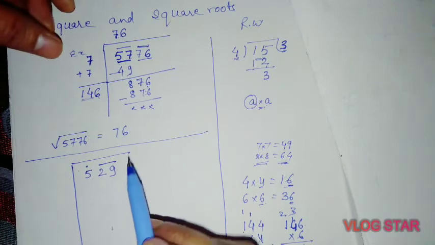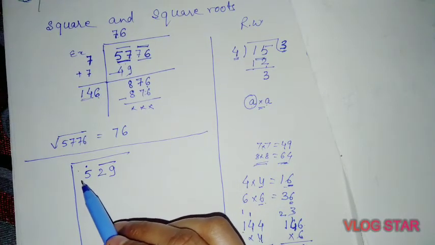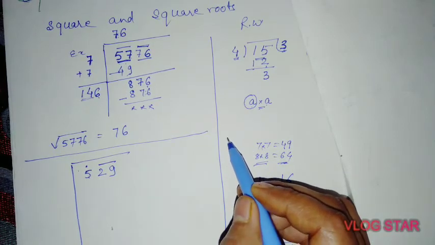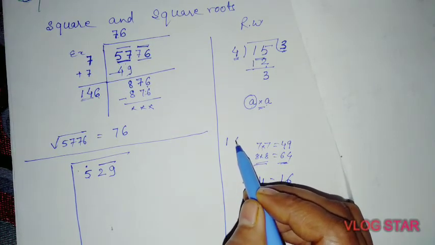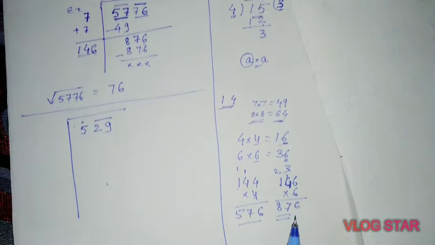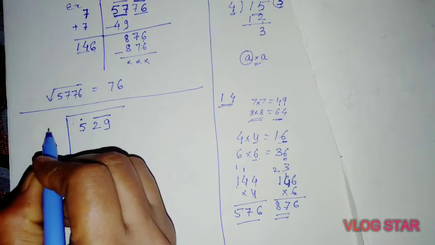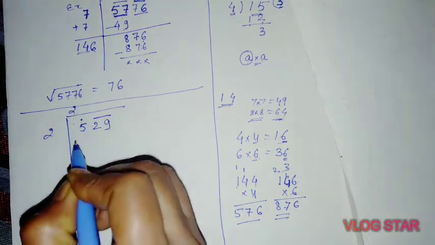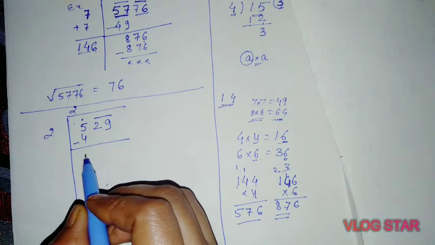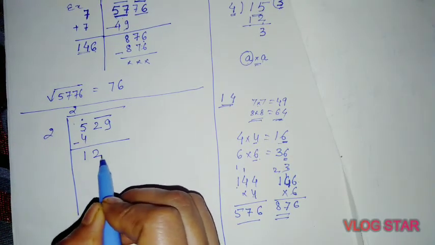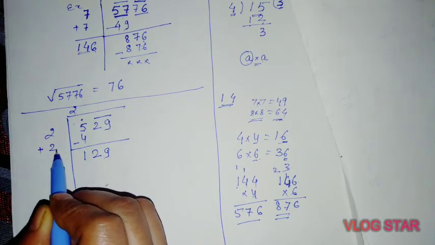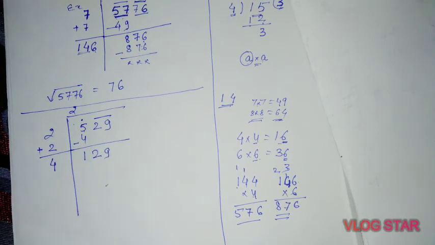Now again in the same method, 5: the perfect square numbers less than 5 are 1 1s are 1 and 2 2s are 4, these two numbers. So we multiply by 2. 2 2s are 4. On subtracting we get 1 here. Now this 29 is brought over here, and the same number is added up here, 4.